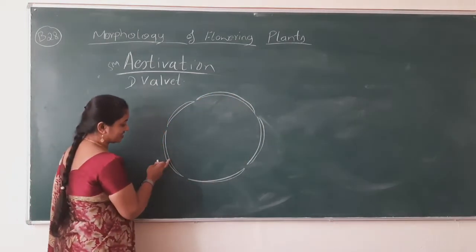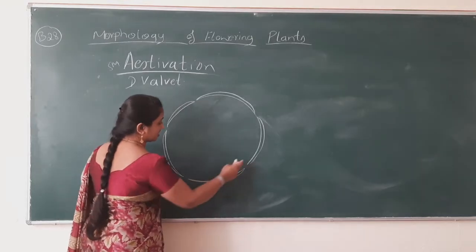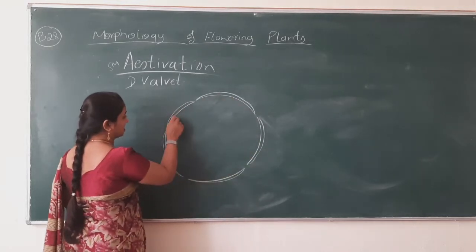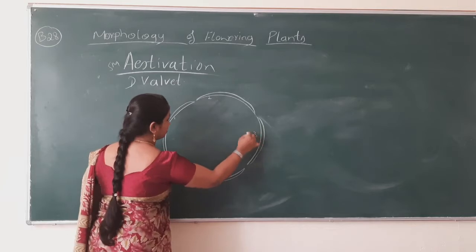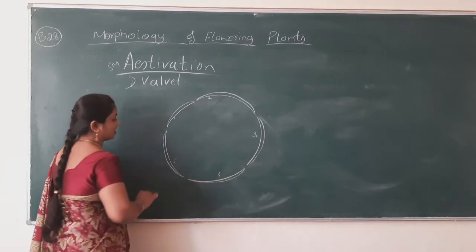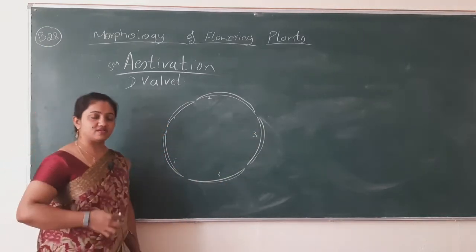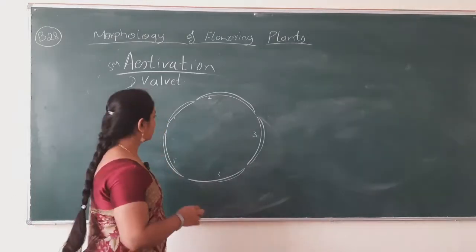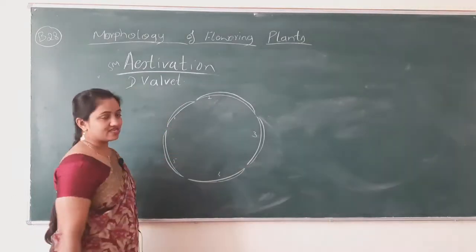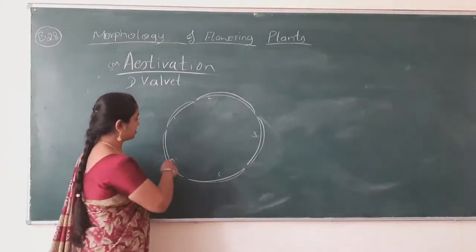This is one calyx, one calyx, one calyx, one calyx. Like that, I have taken here 5 calyx units. It means 5 petals are there.